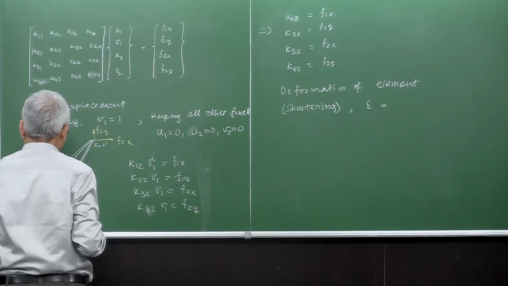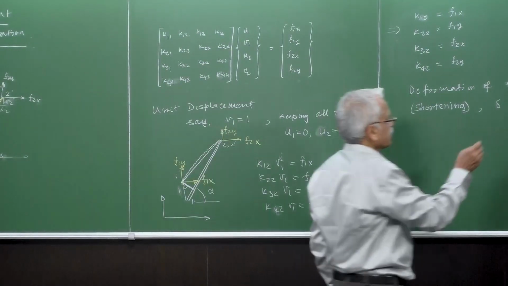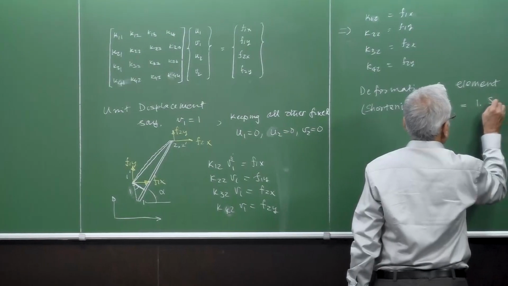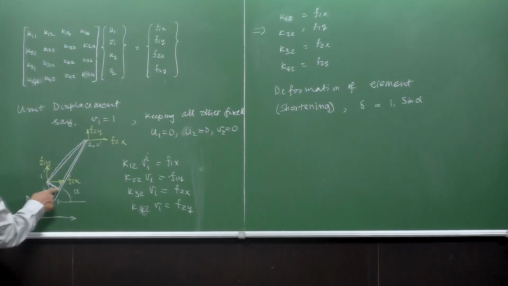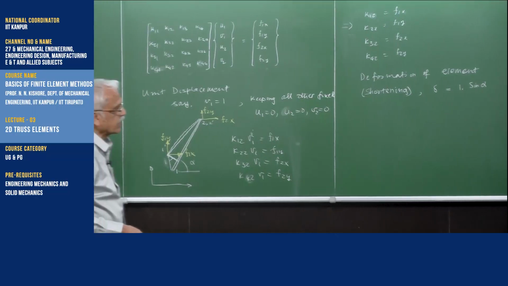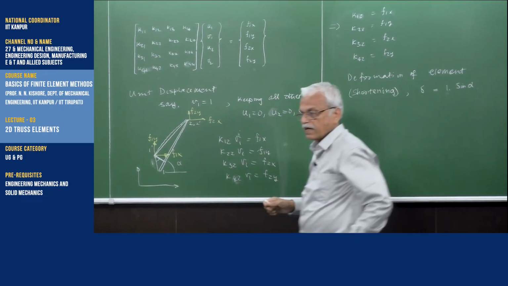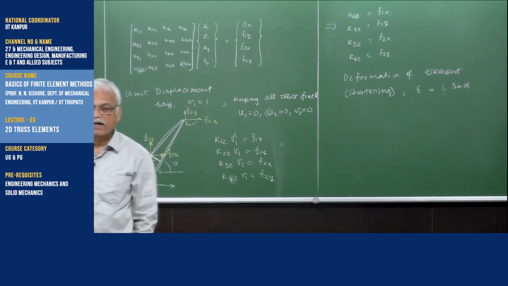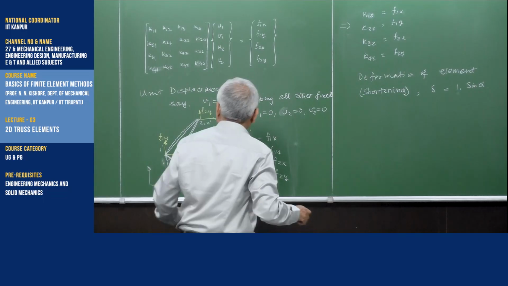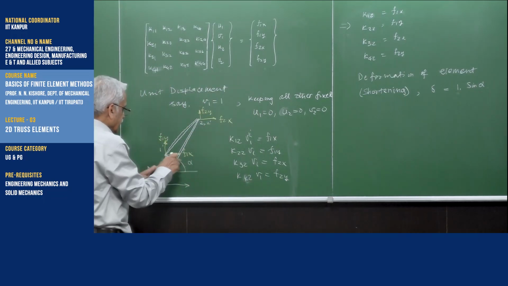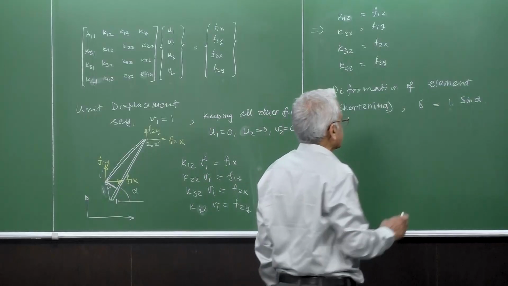If this is 1, its projection onto this one is nothing but 1 times sine alpha. This is alpha here, and the opposite side is 1 times sine alpha. It is really a very, very small deformation, and we apply all the rules of small deformation, so the shortening of the length is equal to the projection here. There is nothing else other than this.